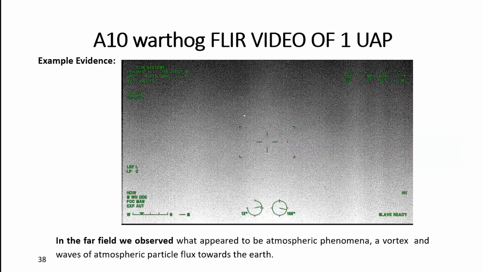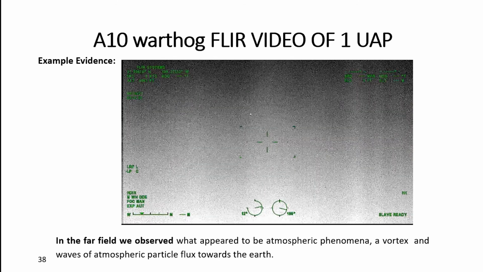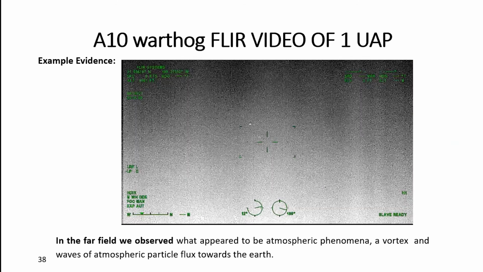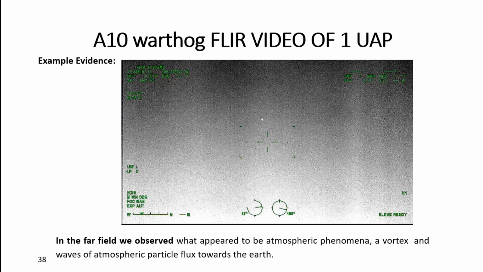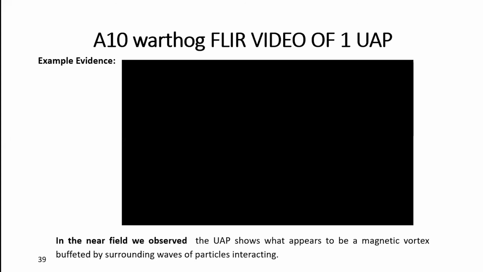In the far field, we observed what appeared to be an atmospheric phenomenon, a vortex and a wave of atmospheric particle flux towards the Earth. In the near field, we observe the UAP is what appears to be a magnetic vortex buffeted by surrounding waves of particle interaction.